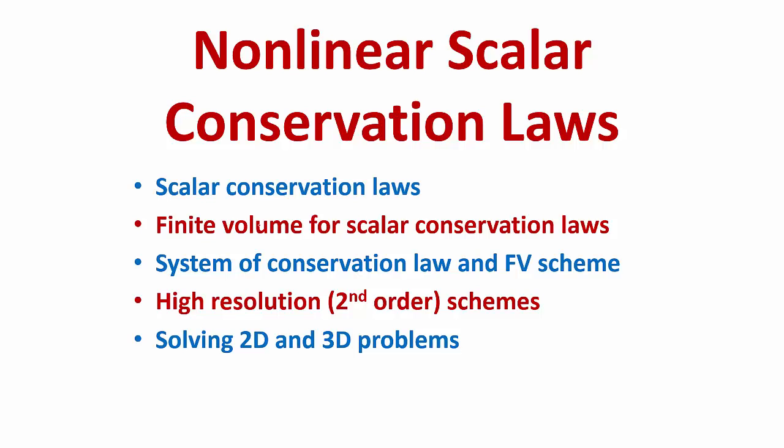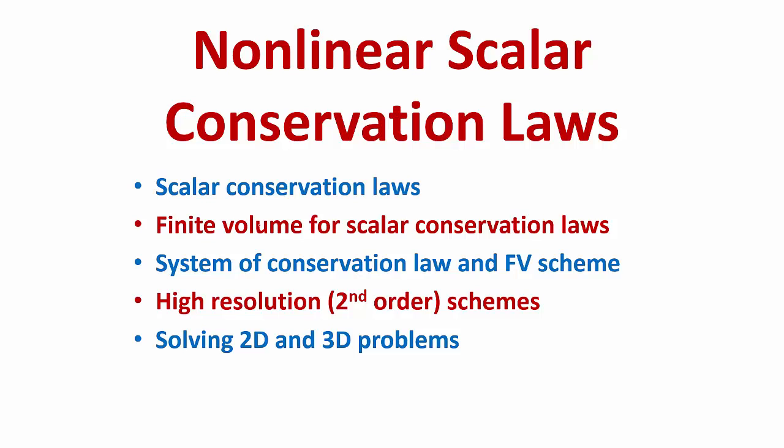In finite difference, we've been looking at second order schemes all the time, and it is not that difficult to construct higher than second order schemes. But it turns out for conservation laws that are nonlinear and have things like shock waves, going to second order is a big deal.